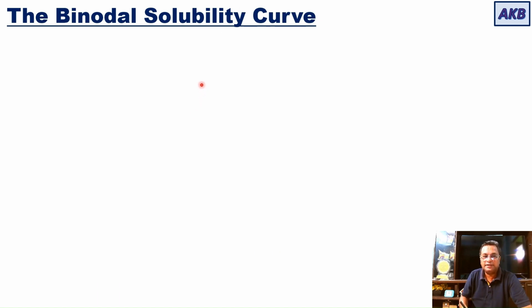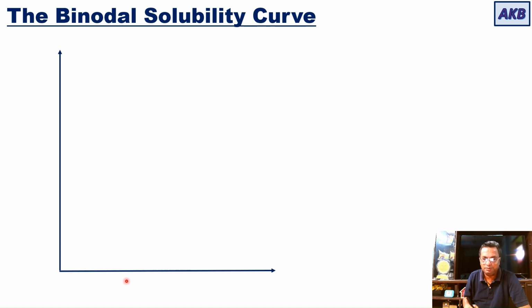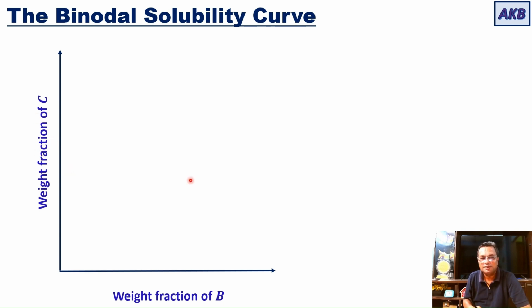Okay, so let us look at the binodal solubility curve on the rectangular plot. On the x-axis, we will be plotting weight fraction of B, and on the y-axis, we will be plotting weight fraction of C. Now, let me first talk about a point.